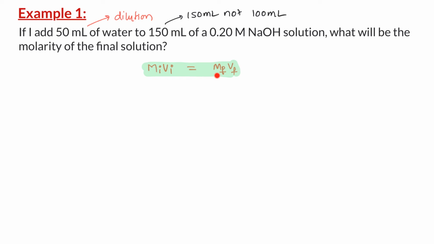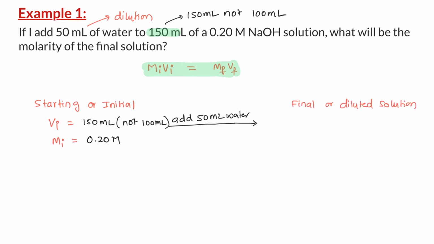M final is the molarity of solution after dilution and V final is the volume of solution after dilution. Let's now see what is given in the question. We are starting with 100 milliliters of sodium hydroxide solution and its concentration is 0.20 molar. This is the initial volume and initial concentration of the solution.